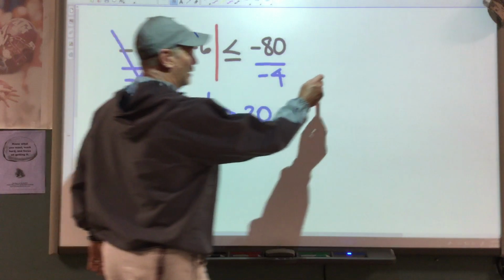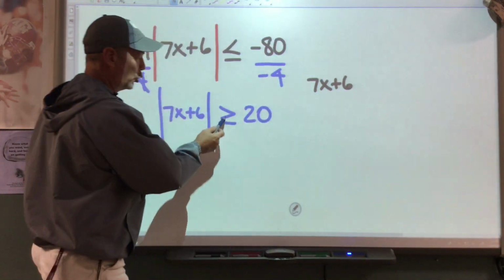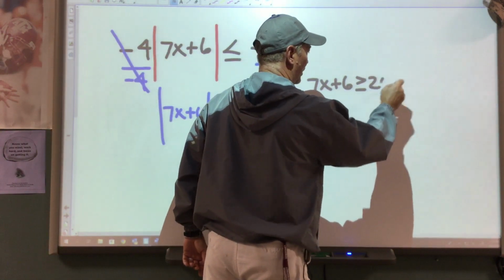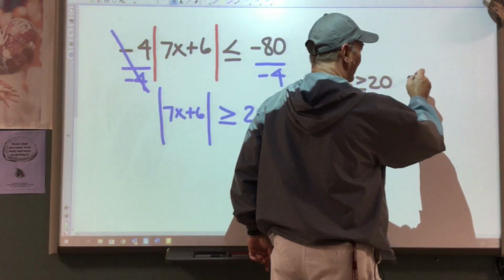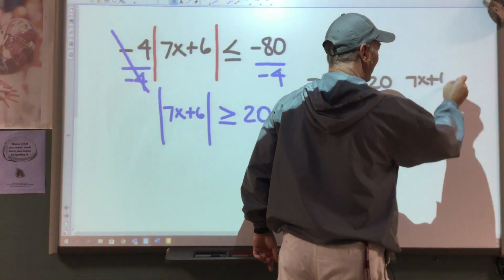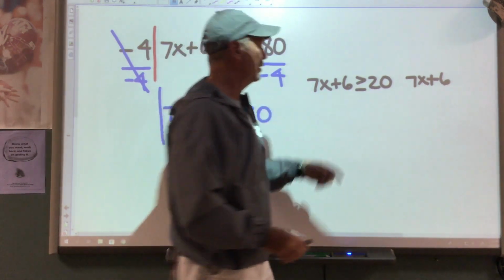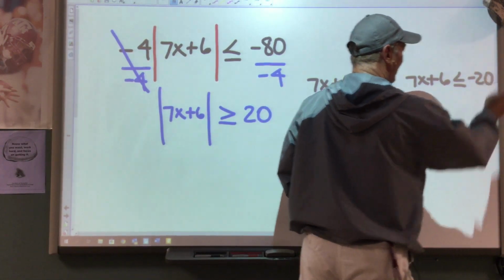First time, 7x plus 6 greater than or equal to 20. Second time, 7x plus 6. We have to flip our symbol and take the opposite.